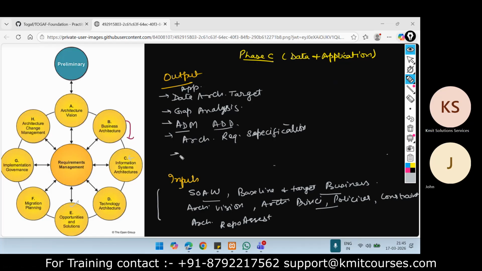And the candidate architecture roadmap component. So it will be updated, meaning you will expect these kinds of output from this particular phase C and D.